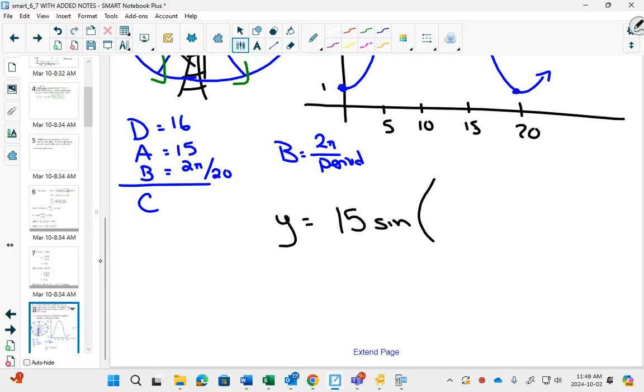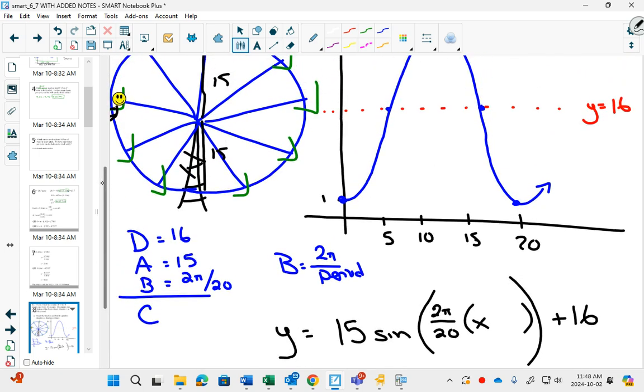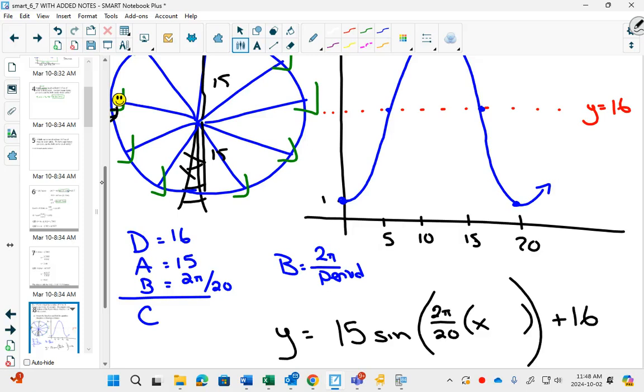B value is 2 pi over 20, written in factored form, and my D value is 16. I'll color code this. Where does a sine graph normally start? A sine graph normally starts in the middle going up. Well, the middle going up is now 5 units to the right. So I would show that by having -5.